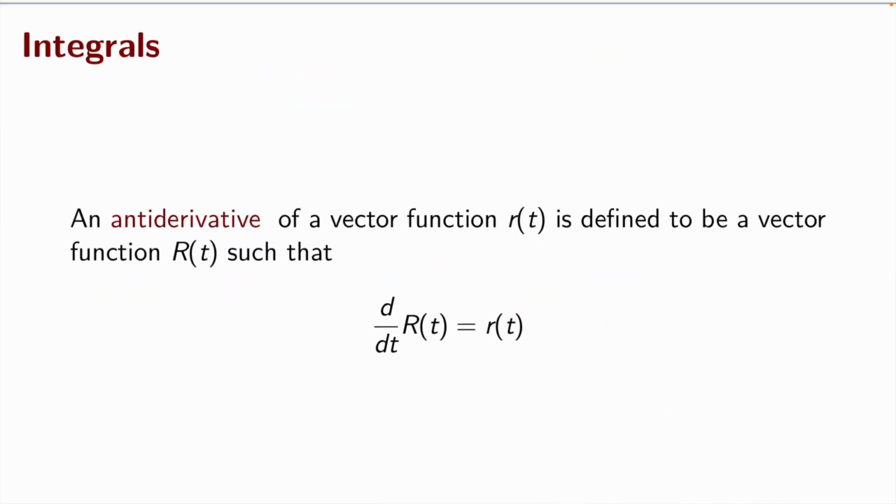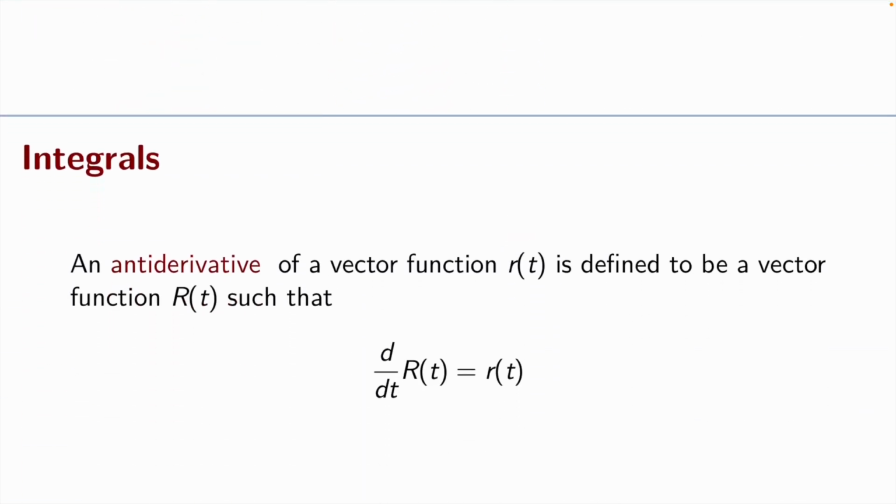To calculate the integrals, now that we have the definition of derivatives for vector value functions, the integrals are defined in the usual way. An antiderivative of a vector value function r is defined to be another vector value function, such that when we do the derivative, meaning the derivative as we learned before, we obtain the original vector value function.